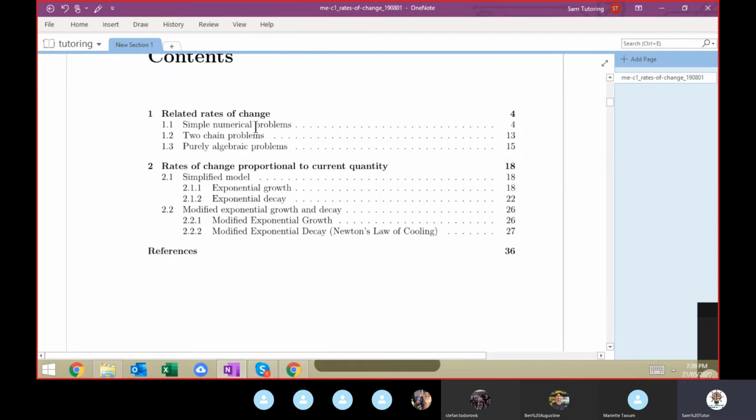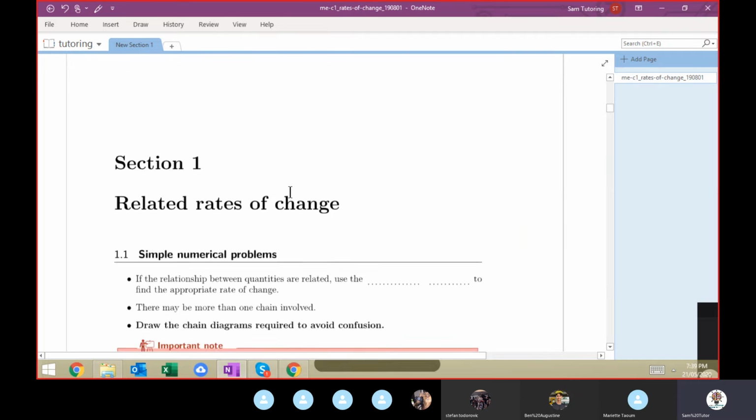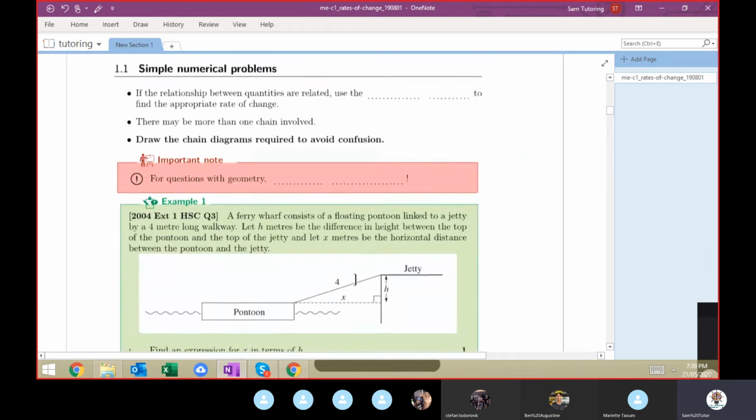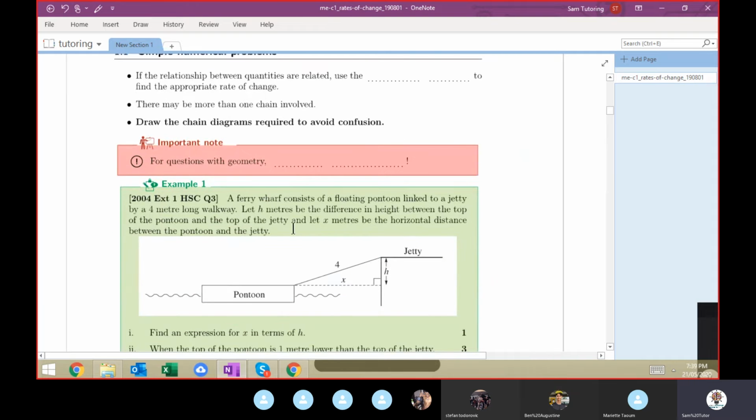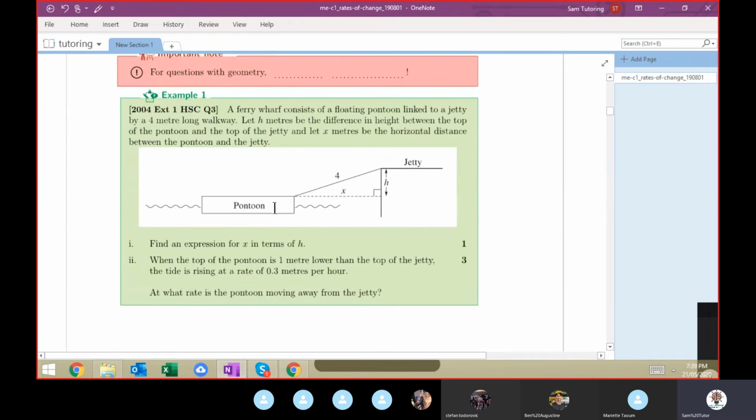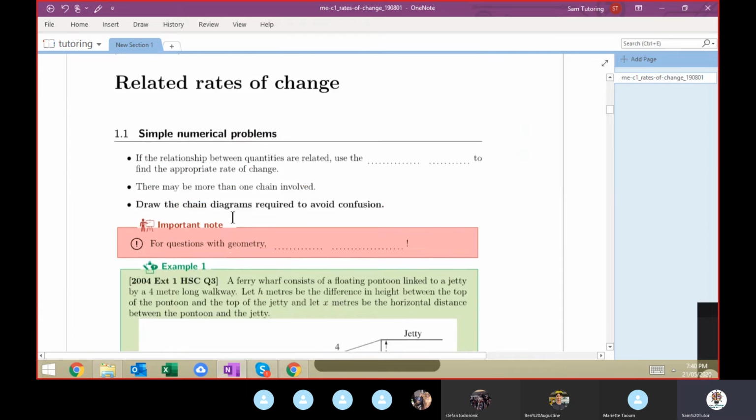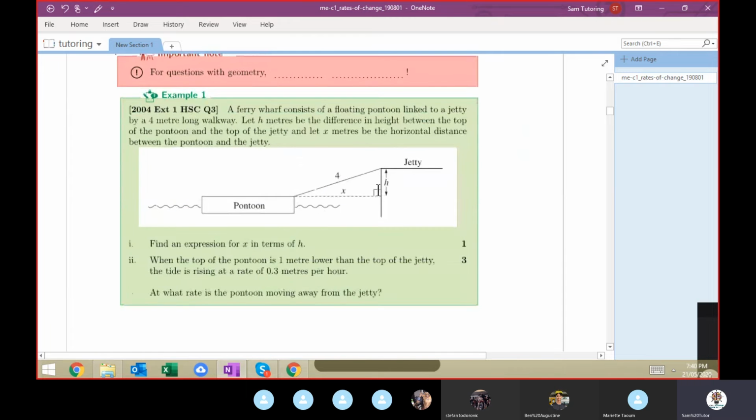There can be some room for error here until you expose yourself to every question you can. There is no way you're going to get good at this until you do literally every question there is, because every question differs by a little bit, and that changes the math a lot. These rates of change style questions, the numerical versions or the geometry questions, are probably the most poorly attempted questions in the HSC.